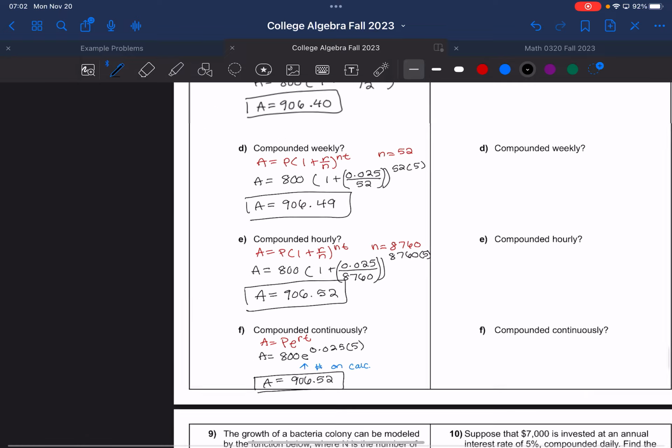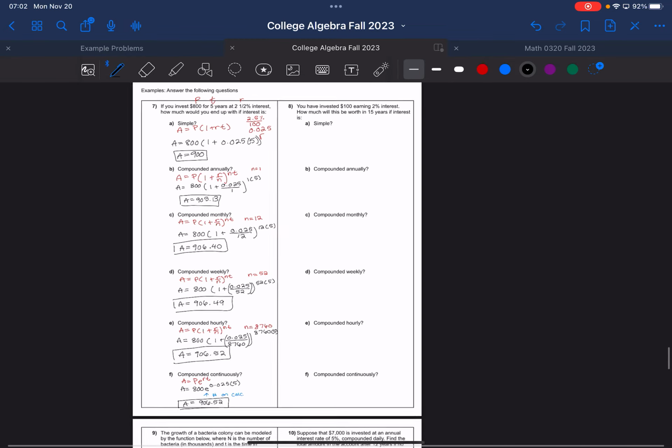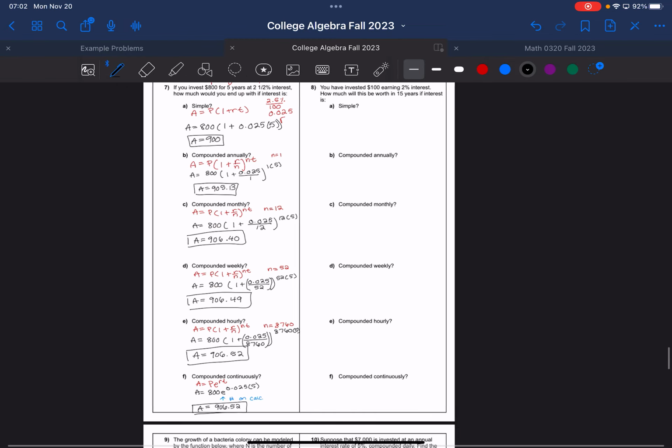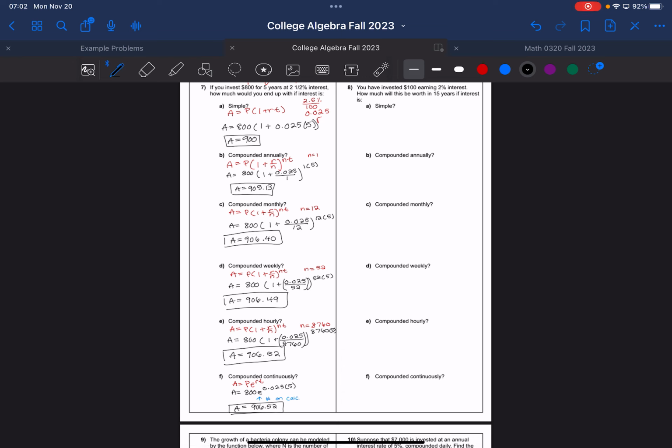So what this problem is doing is it gave us what we invested, how much time, what the interest is, and it compared every single interest formula. So looking at all of these answers, which formula would be the better one to invest your money in, where you got the most back?